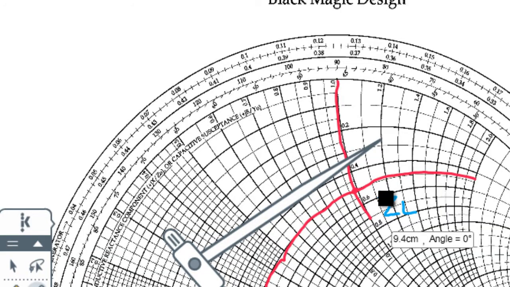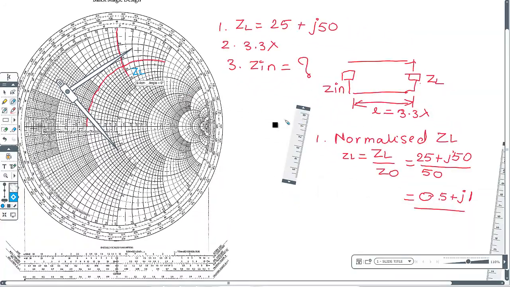So we have plotted the normalized value in the Smith chart.